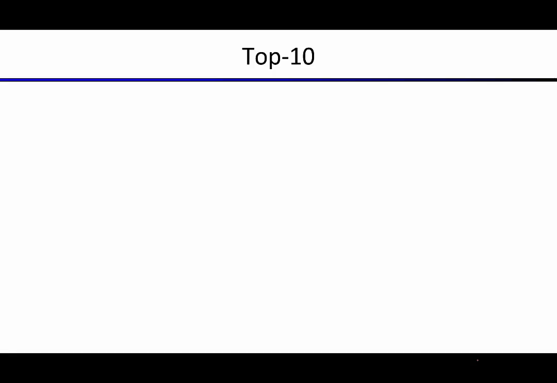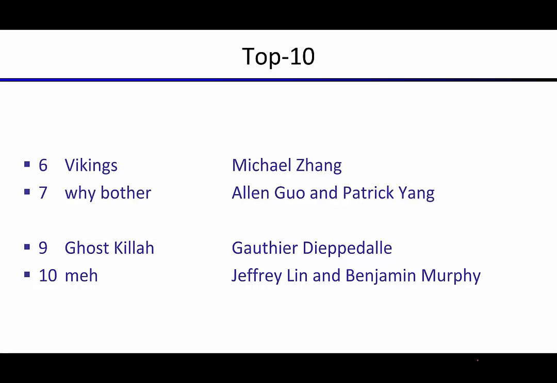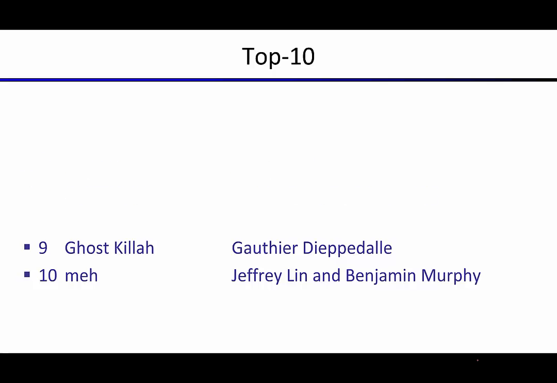So, in our top 10, at number 9, Ghost Killer, Gauthier Dipedal. Number 10, Meh by Jeffrey Lynn and Benjamin Murphy. Well, this is kind of weirdly going out of order. Not sure why the GSI in charge set it up this way, but I guess we'll run with it. At number 6, we have Michael Jang.